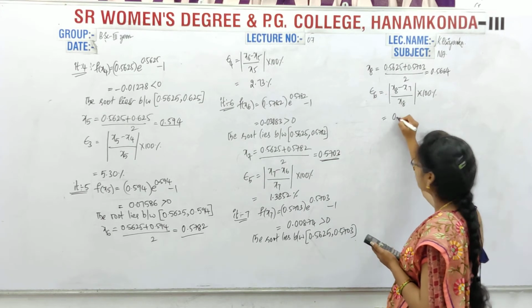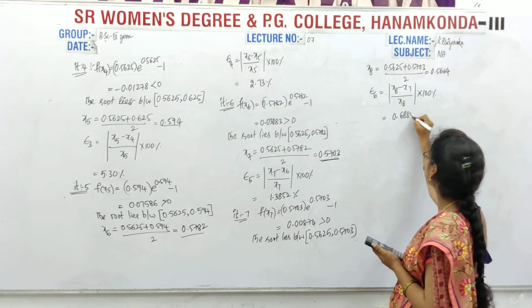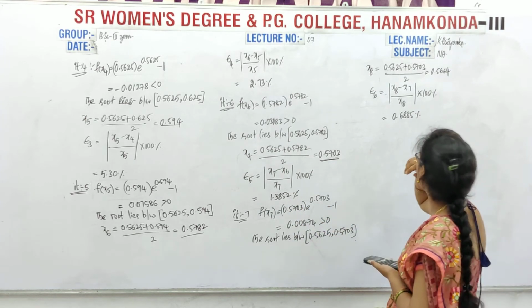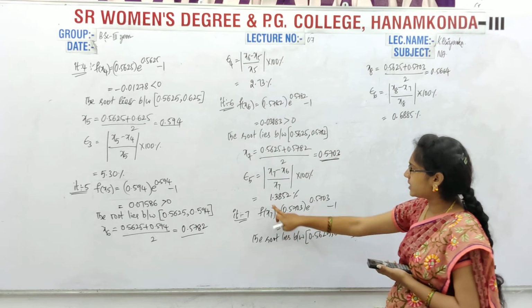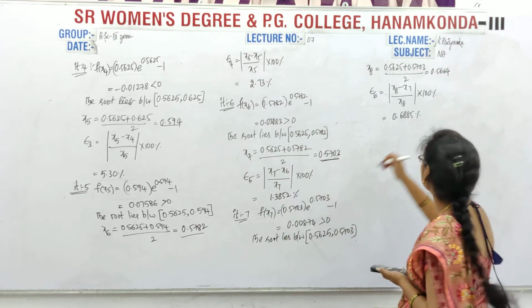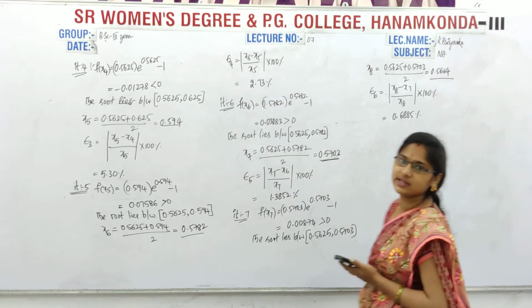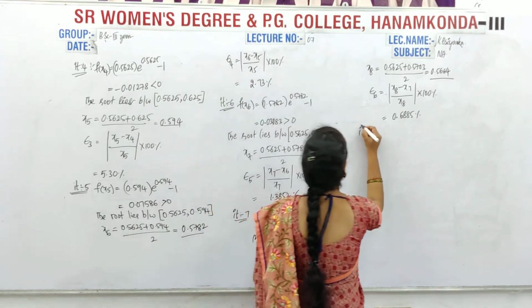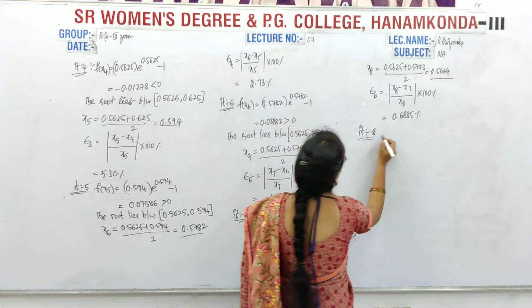So it is 0.688 some 5%. See, the error is decreasing now. Here x7 is 0.5703 and it is 0.5664. Again it has changed.